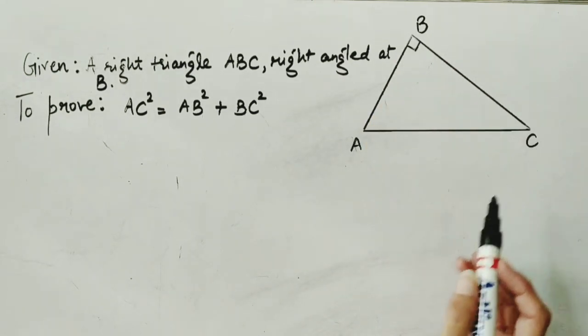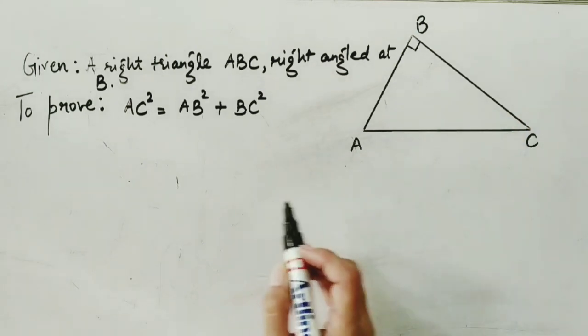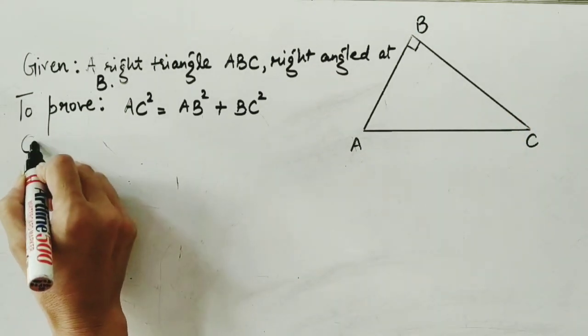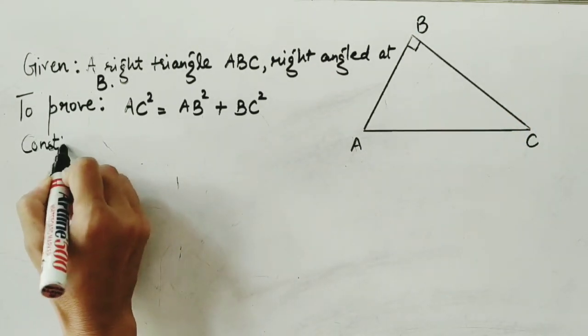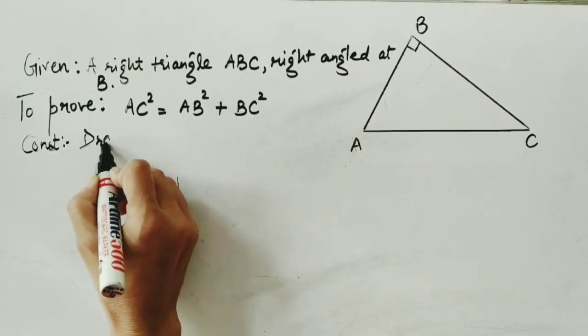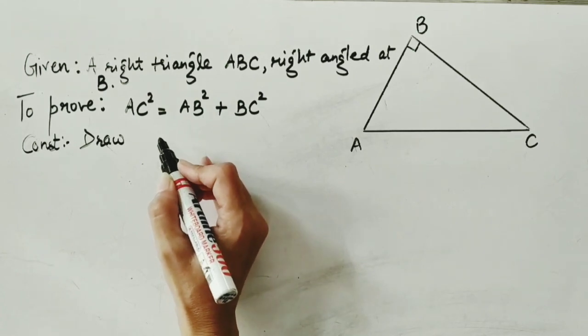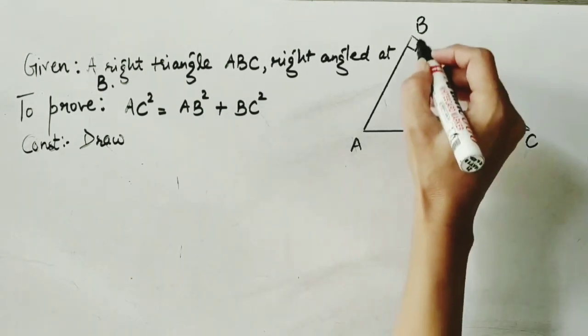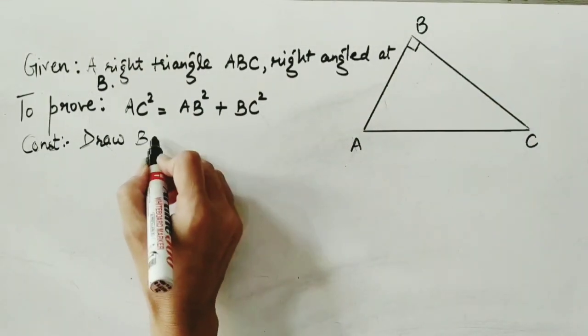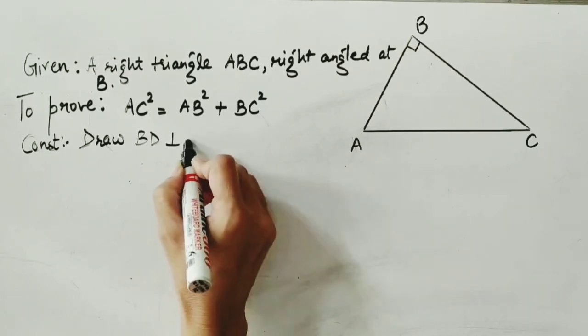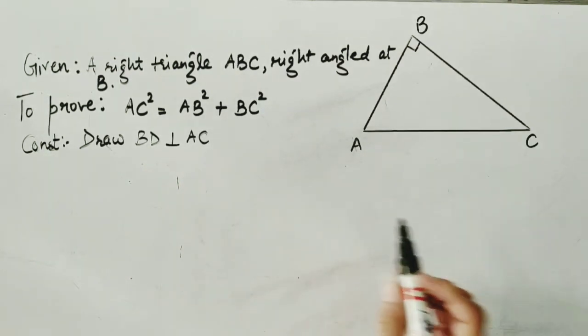We would be doing a construction for this proof, and the construction will be, we'll draw a perpendicular from B which falls on AC.